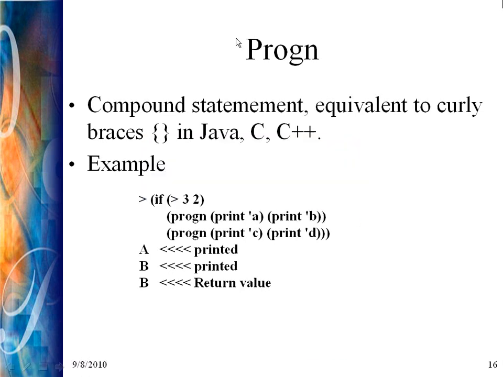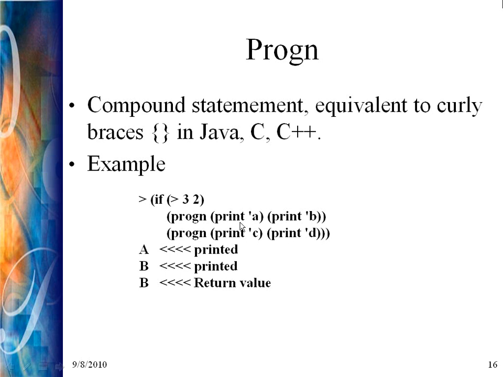If we wanted to do various things, we can use the form progn, and we can then list as many forms as we want. Progn just means its arguments are a whole bunch of forms, and you just evaluate them in order and return the value of the last one.